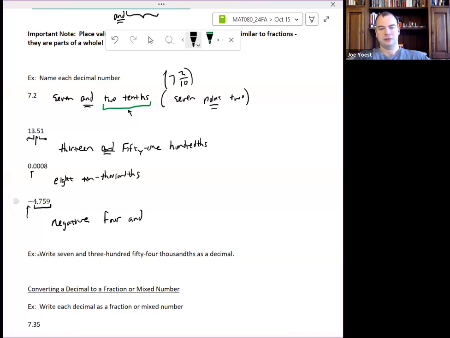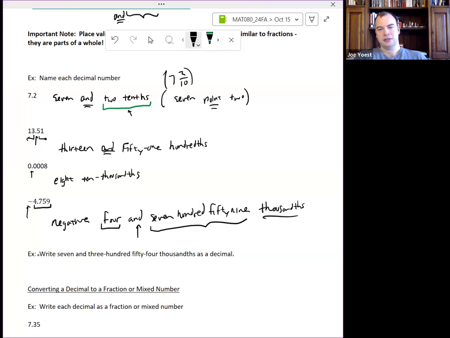Negative of 4 and 759 thousandths. So there's our 4 and 759 thousandths.